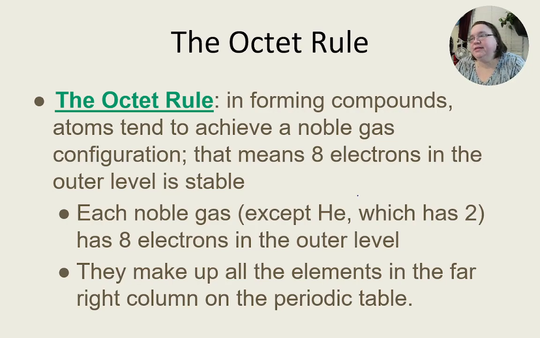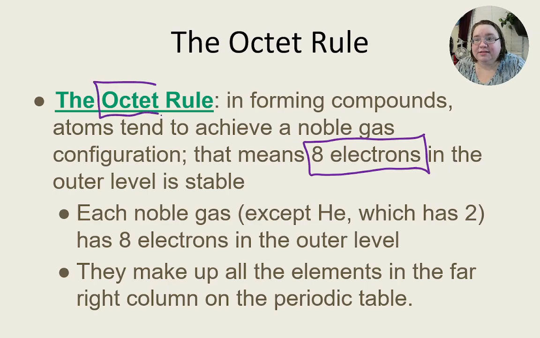Most of our noble gases have 8 valence electrons. Most of our elements are going to be gaining and losing their electrons in order to get to that octet. So we refer to 8 electrons in that outer energy level as an octet, hence the octet rule.